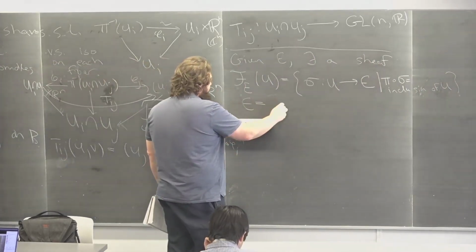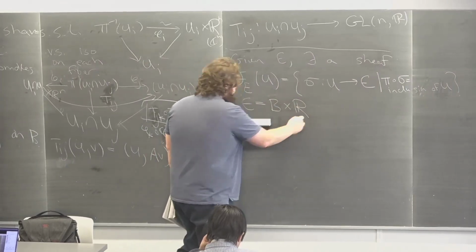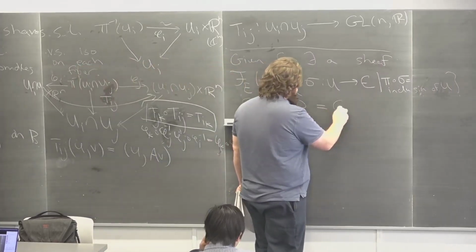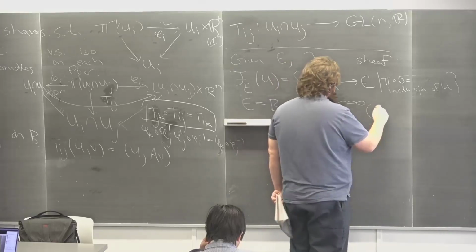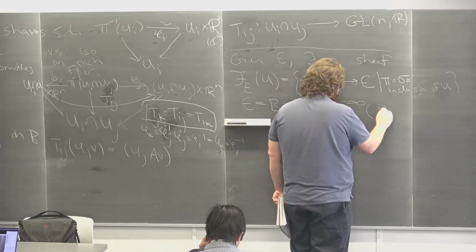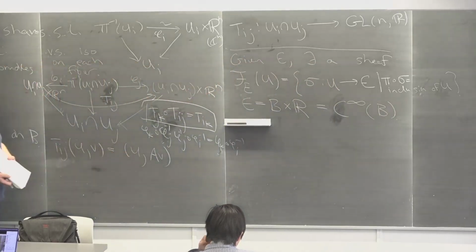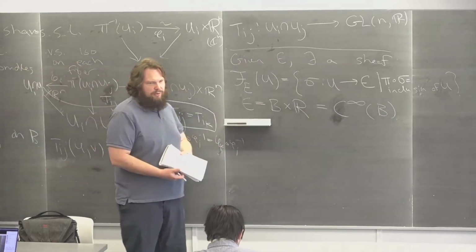So in particular, if E is trivial, if E is B times Rn, then this is just C infinity of B. Right? A smooth function valued in R is the same thing as a section of the trivial bundle.